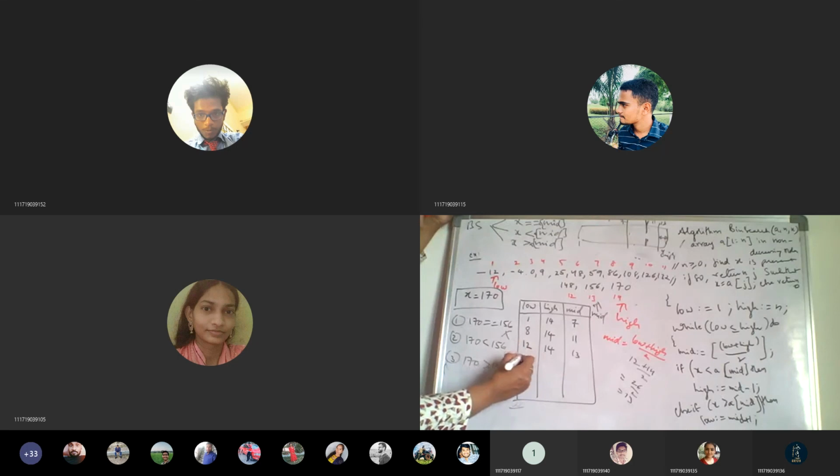Mid plus 1 means 14, and high is 14. At index 14, what is the value? 170. So now our mid value will also be 14, since 14 plus 14 by 2 gives 14 only. First condition: is 170 equal to 170? Yes, it is true. So we have found the element at the 14th index.